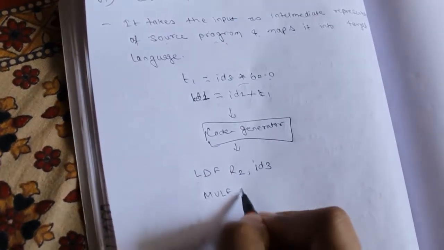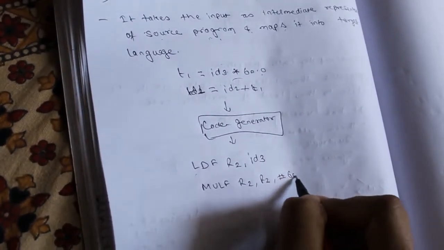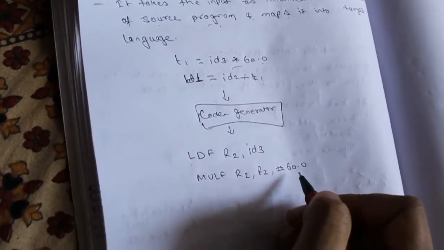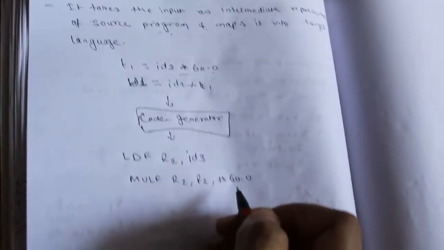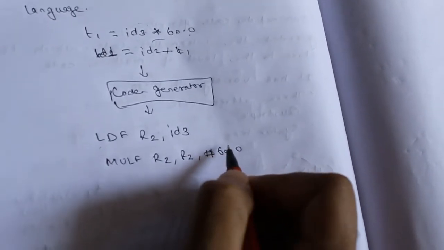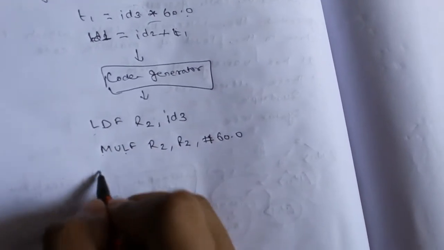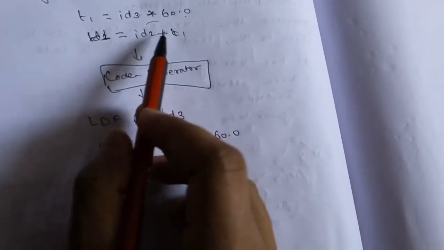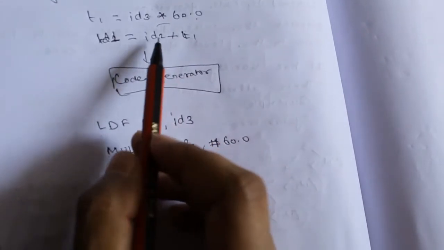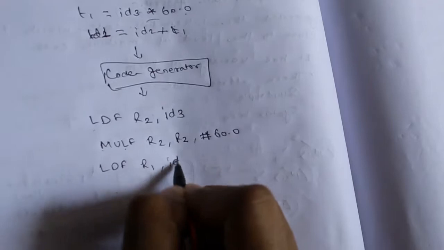So we have R2, this immediate register, we are directly taking the 60.0. So this is the immediate, we can directly take the input as a constant, so multiplication function. So after that we have to load again, because we have to add with this id2. So load function R1 in the next register, where id2 is loaded.